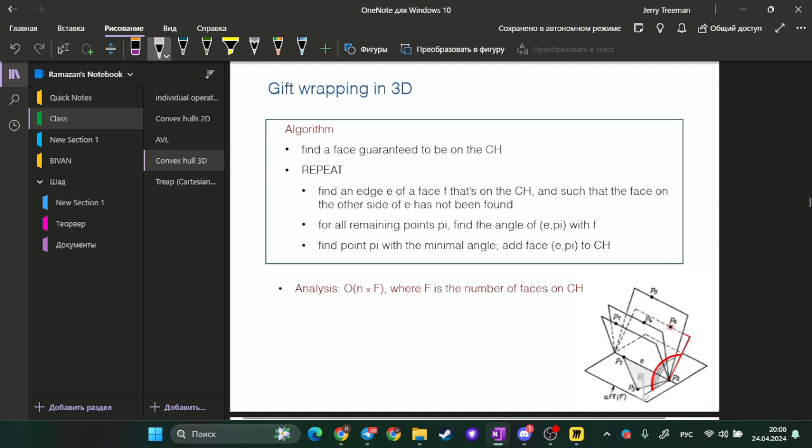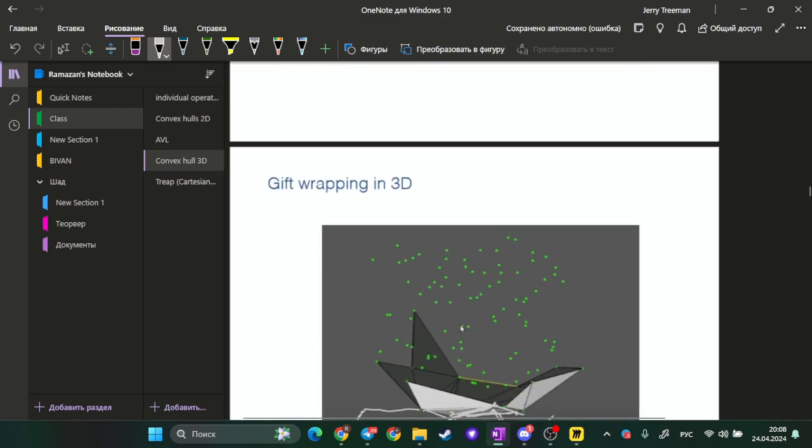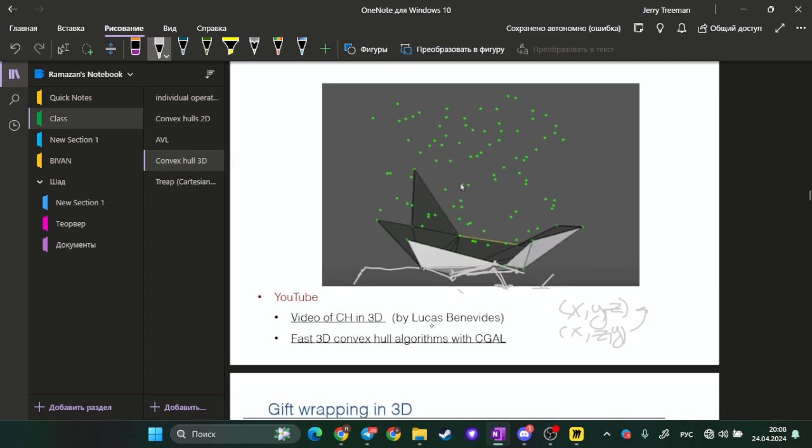Okay, so suppose we have some face on some step of our math induction. You can consider your math induction like this. You can use BFS to consider planes, to consider faces.